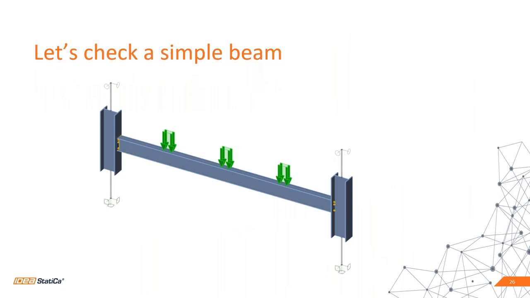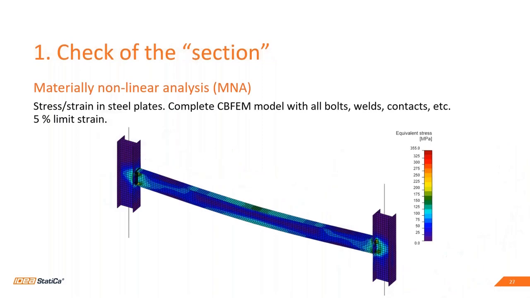So we can have a look at such a, let's say, simple member. It's a bent beam loaded by some concentrated forces. And in the first stage, in the stage of the check of the section, we will run the materially nonlinear analysis.